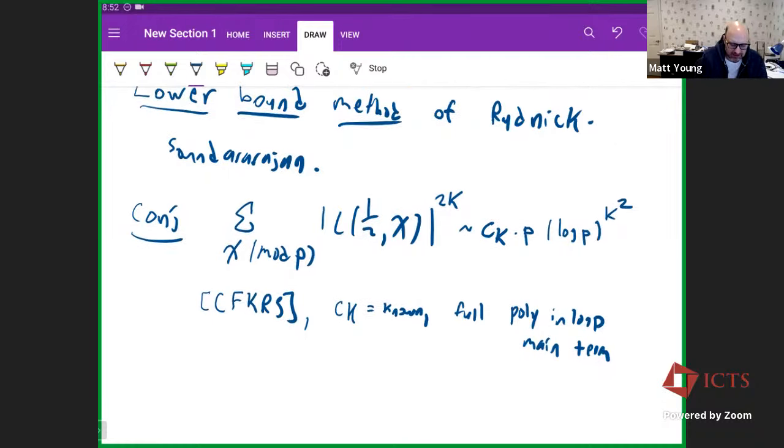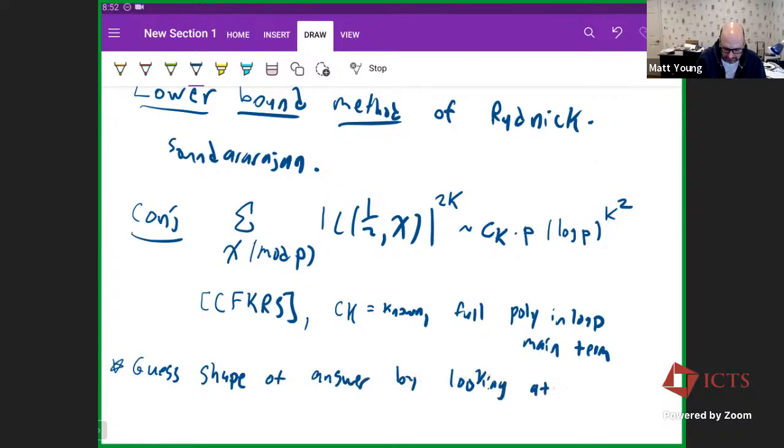You can guess the size of this. So, guessing the shape of the answer, maybe this is just like the first comment: you can guess the shape of the answer by looking at the diagonal. What do I mean by that?